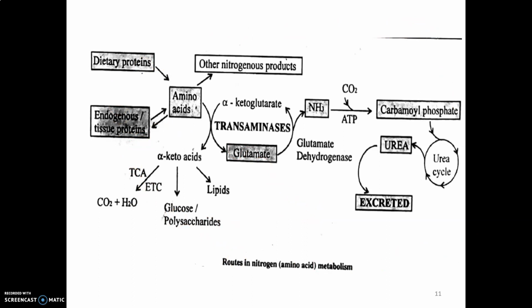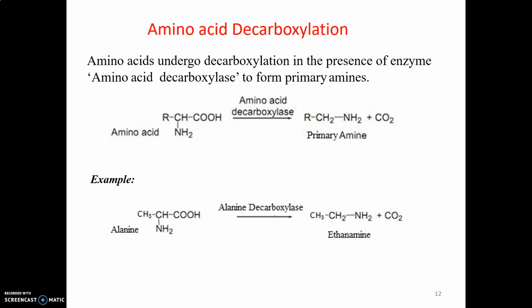Okay. Now, coming to the next process, decarboxylation. You know very well decarboxylation means elimination of CO2. In this amino acid, you have the COOH group which has to be eliminated. After it is eliminated by the enzyme amino acid decarboxylase, what you get are amines.